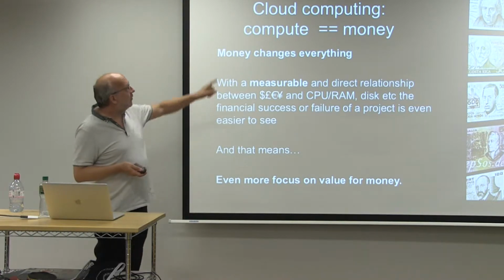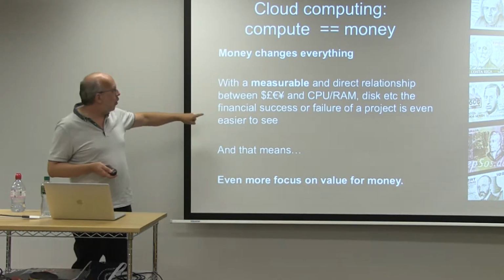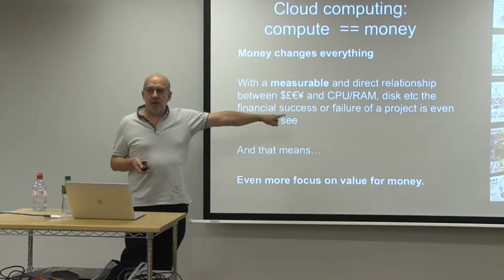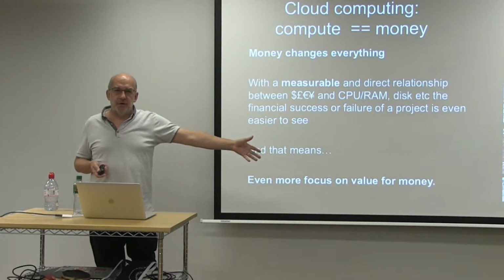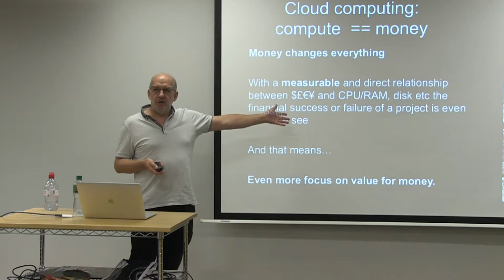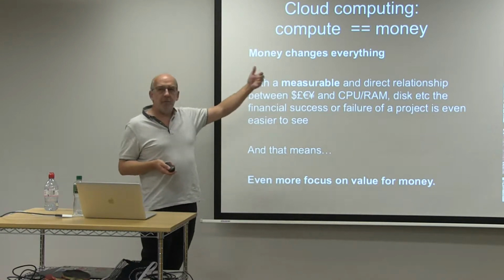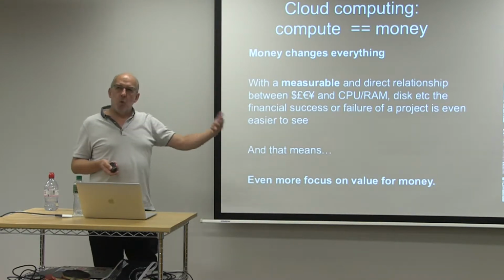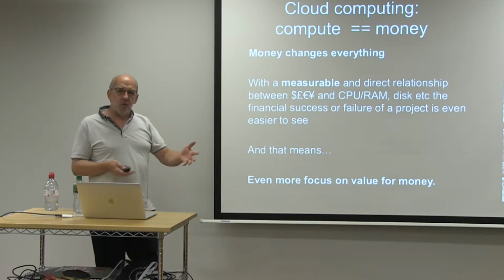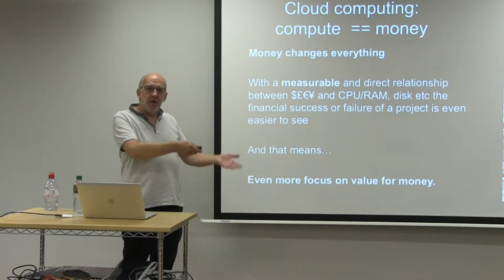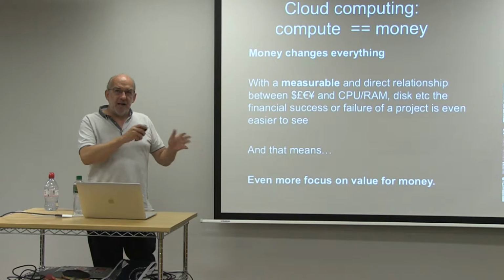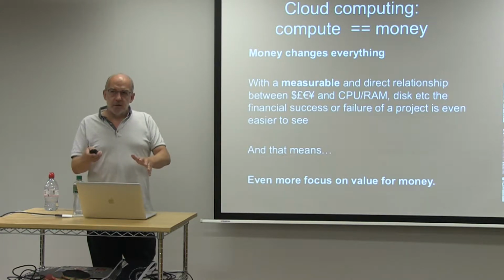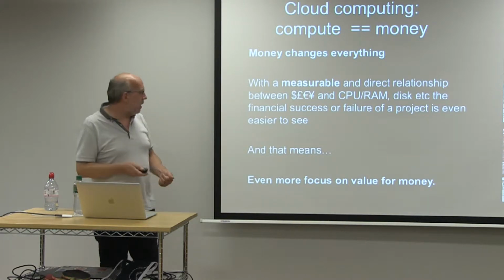So suddenly what we buy is all based on what the financial agreement is: CPU time, gigabytes of RAM, disk space, bandwidth. What your application consumes is directly connected to the money you spend. It's closer.